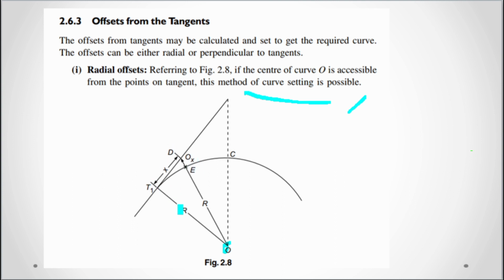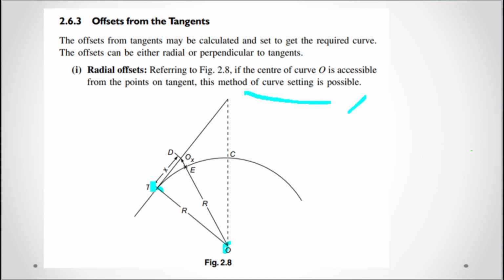Here we are forming a right angle triangle, because any tangent is perpendicular to the radius at the point where it meets the curve.